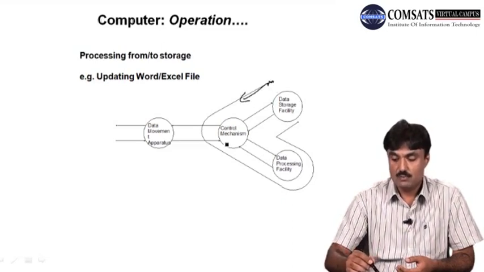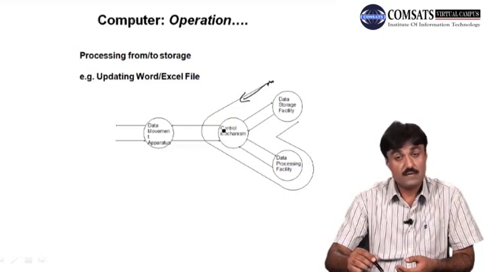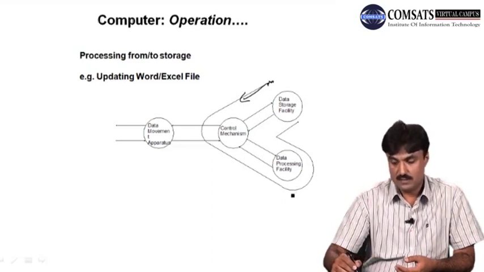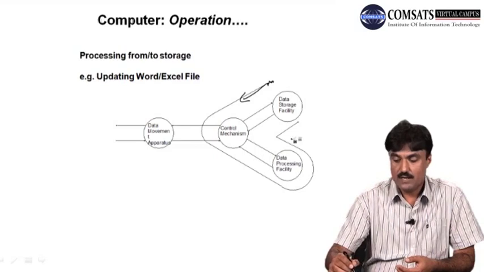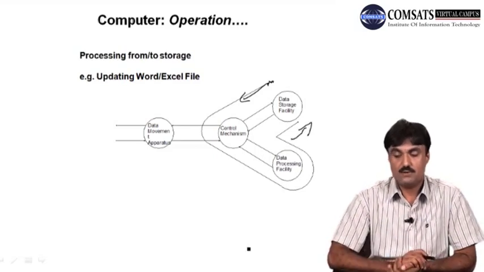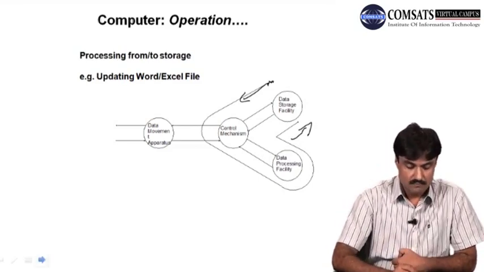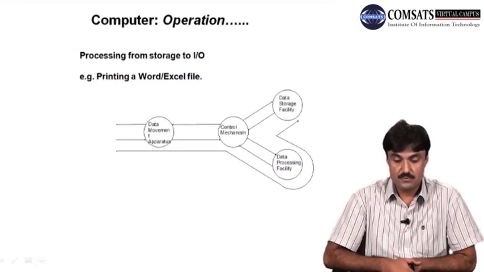The control mechanism retrieves this file and sends it to the data processing facility. After making some modifications, that file is sent back to the data storage facility. So these are the normal tasks performed by the computer.